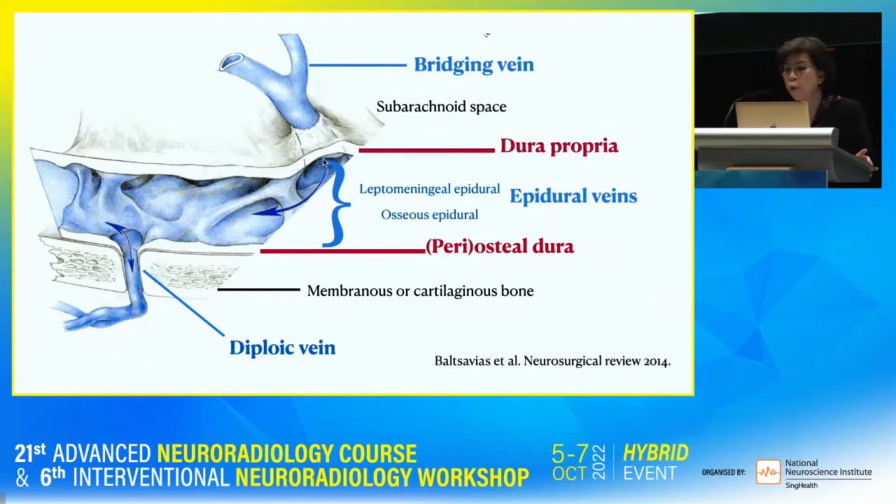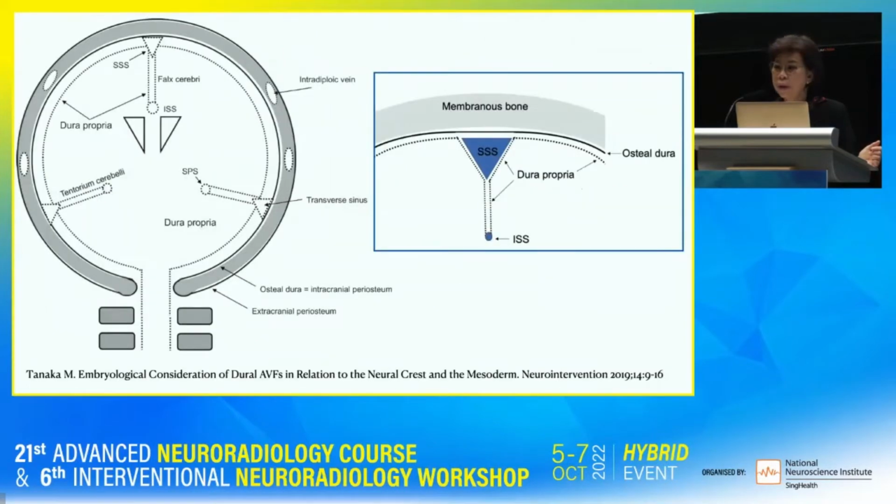And for the veins, the intracranial bridging veins cross the subarachnoid space, and some of them can drain into the leptomeningeal epidural vein or epidural vein, and then to the diploic vein. Most important is the difference in origin between the dura propria and the periosteal dura.